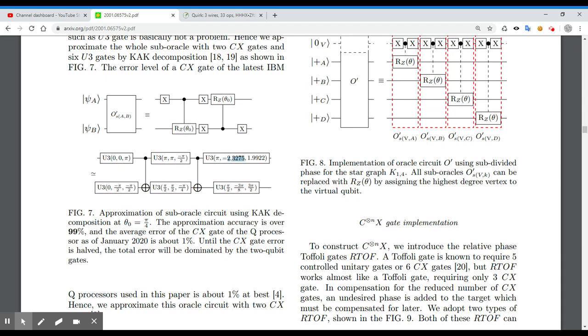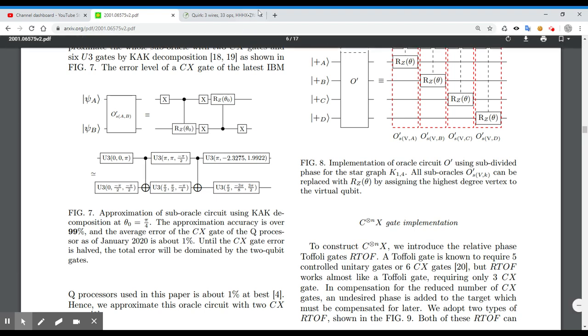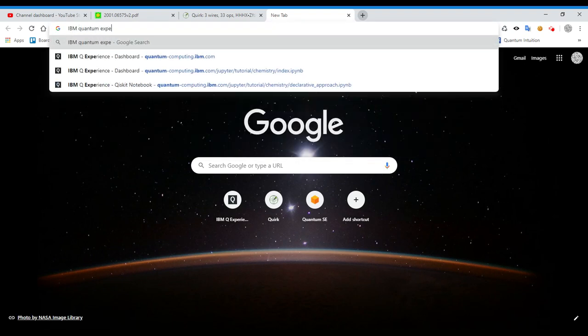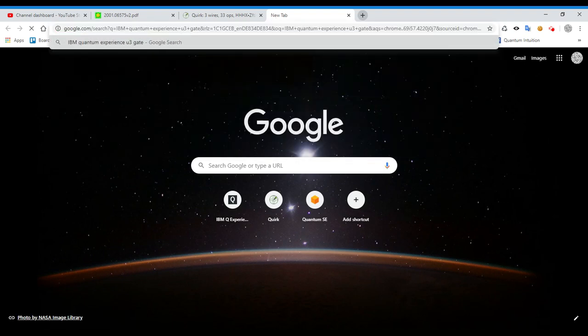Why are those here numbers and not just... I guess it's a mistake. No, why? 2.32. So the U3 gate. So IBM Quantum Experience U3 gate.